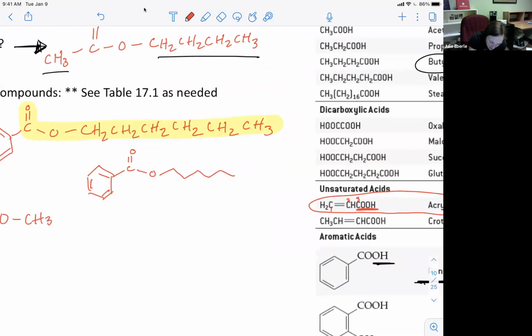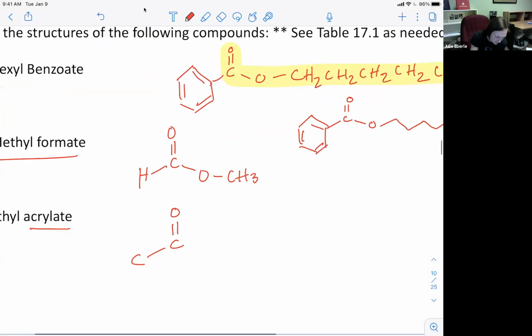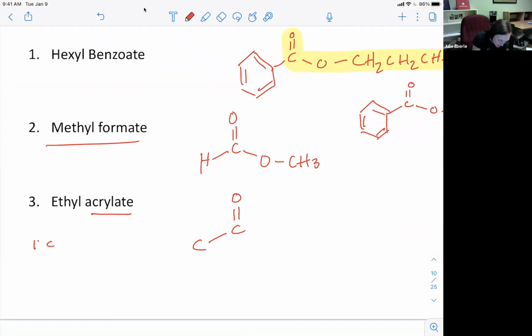So this is carbon 2 that I just drew. I see that carbon 2 has one single hydrogen and then it's double bonded to a CH2 group. So I'm going to actually draw this over here. We have CH2 double bonded to C, and it's got an H, and then this is the COOH. So that is acrylic acid.